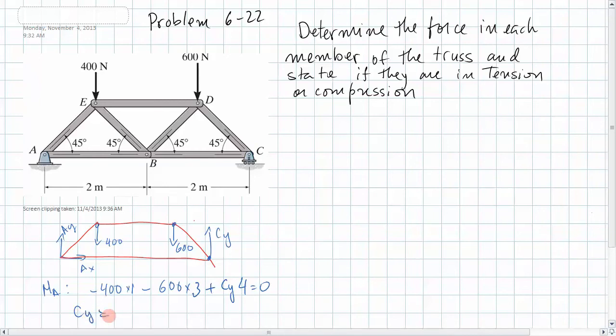Solving for that equation, we get that Cy is equal to 550 newtons.